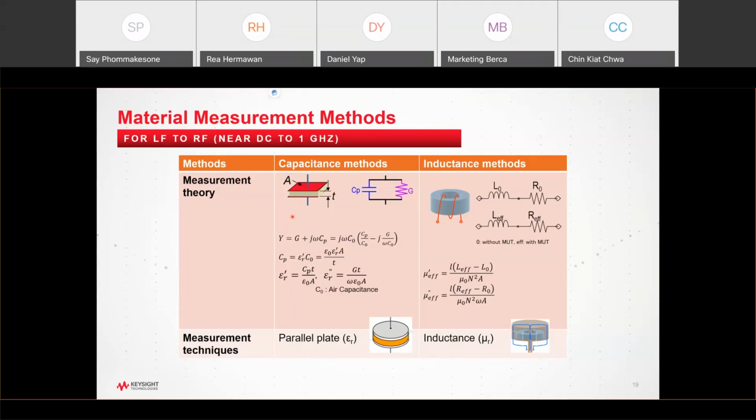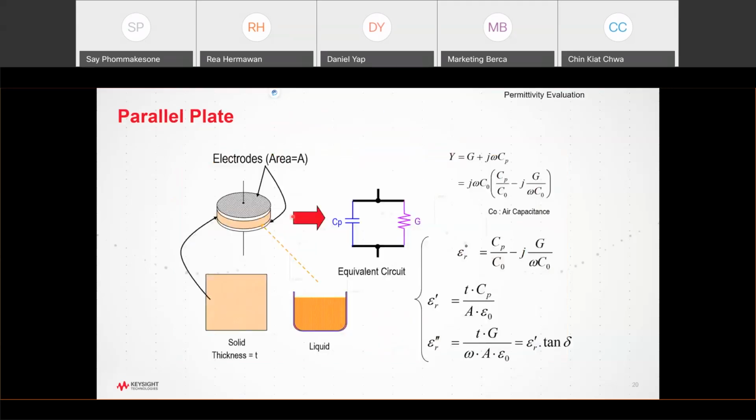Look closely at this particular one. This is called an electrode, or you can call it a probe. The sample will be sandwiched between two electrodes, and the sample can be solid or liquid, depending on what fixture we are using or you are using.